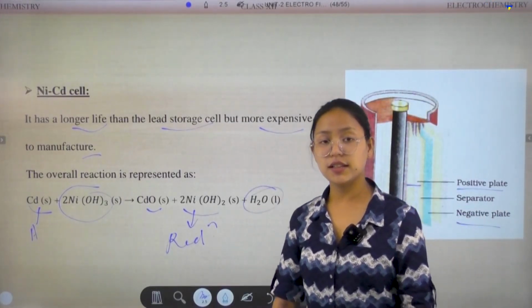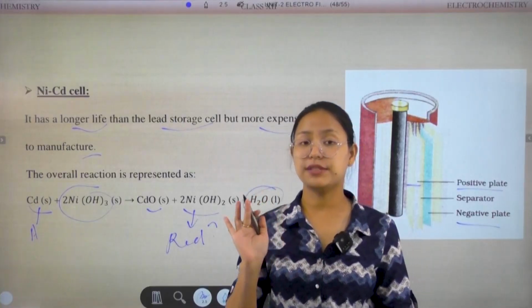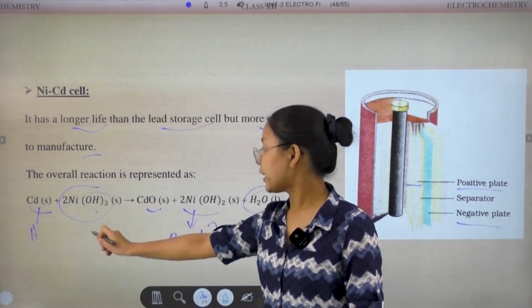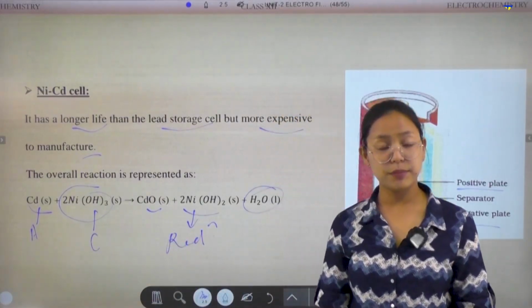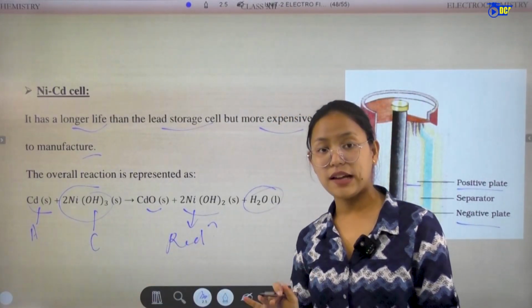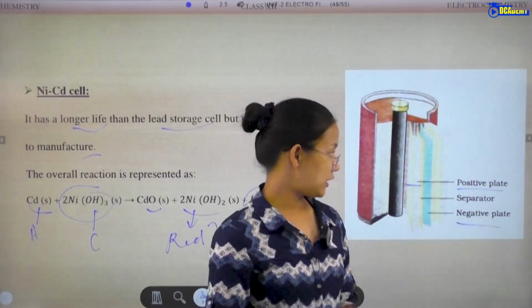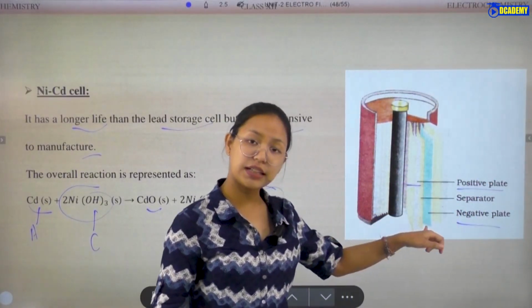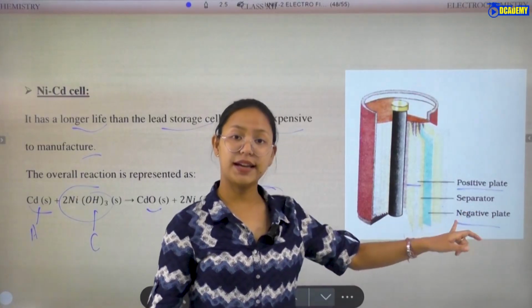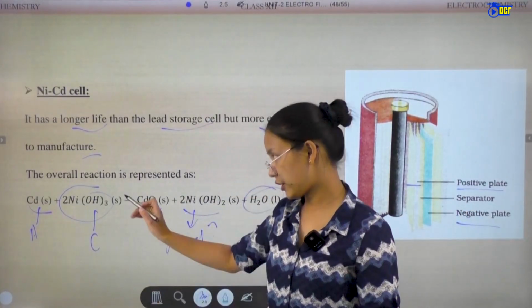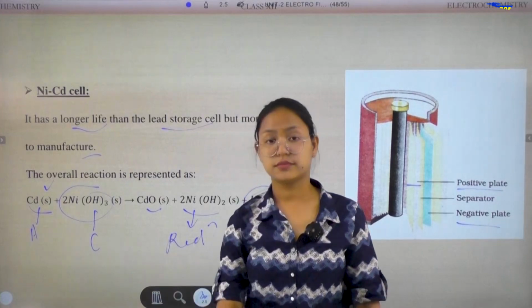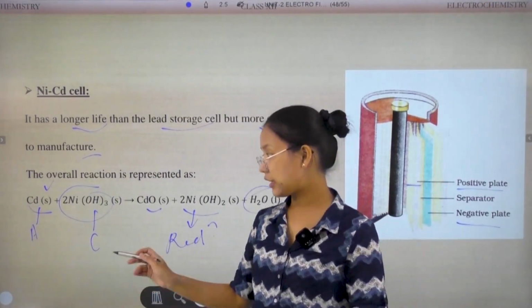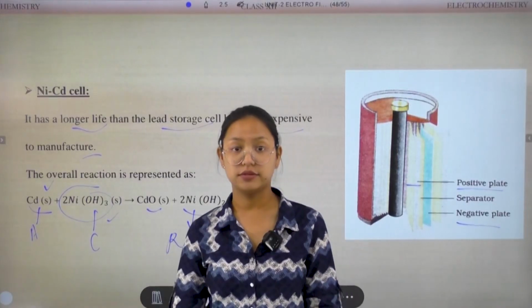Here in the nickel cadmium cell, we have nickel as the cathode and cadmium as the anode. The positive plate will be nickel and the negative plate will be cadmium.